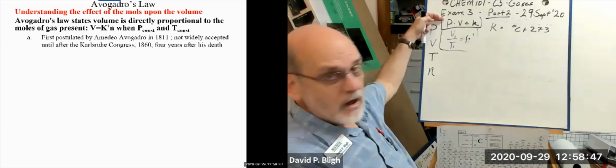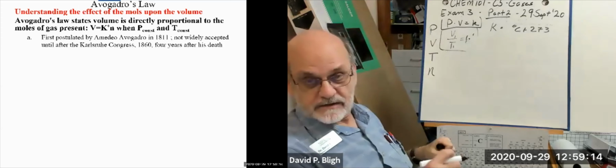relates volume and moles, these two. So that means pressure and temperature have to be held constant. Now we didn't say how with Charles' law, if you've got to hold pressure and moles constant, how did he do that?